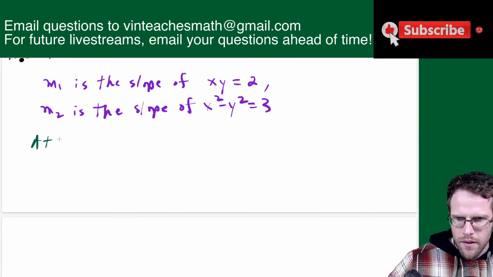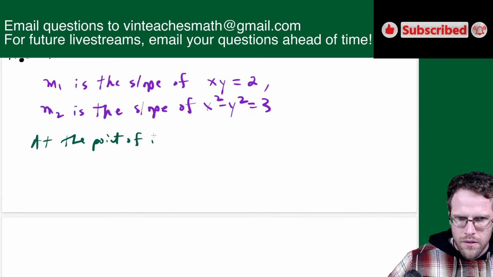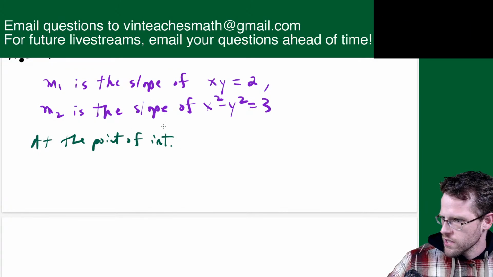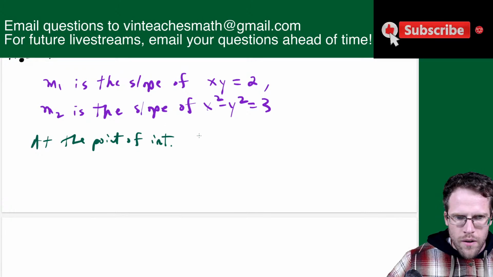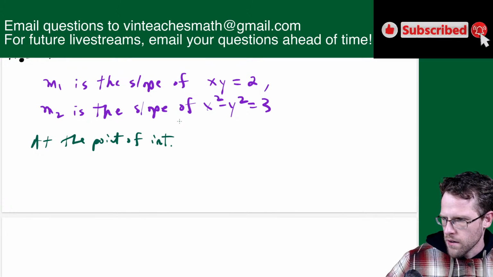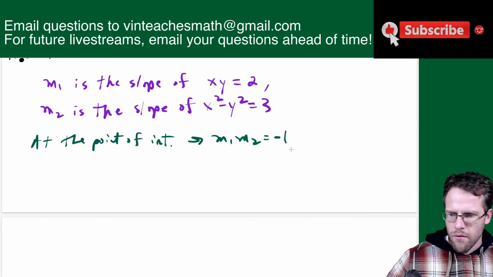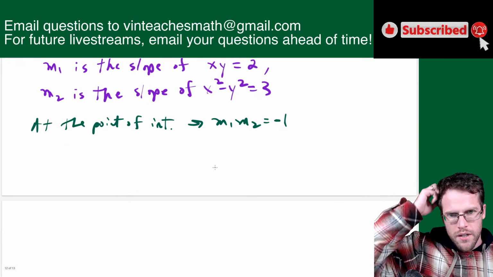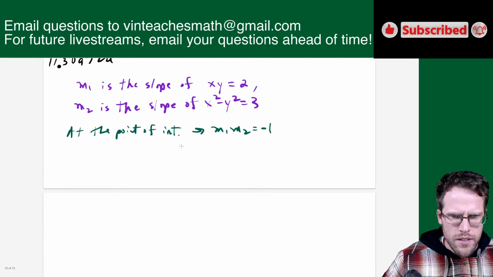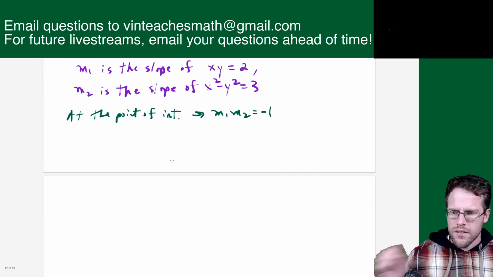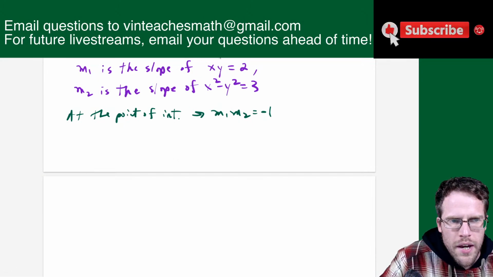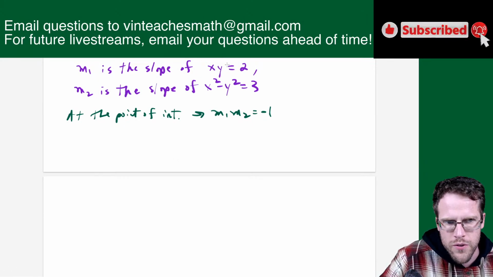So at the point of intersection, let's abbreviate, at the point of intersection, there's a few possibilities. Now, I'm just going to show you why, but the answer is, I believe, m1 times m2 equals -1. Because I remember doing this the other day, or even today. I think one of your classmates asked this one in class. So yeah, I could take a look at 32 for sure.